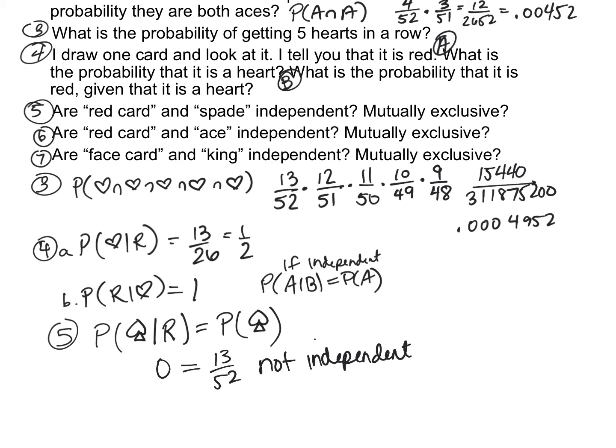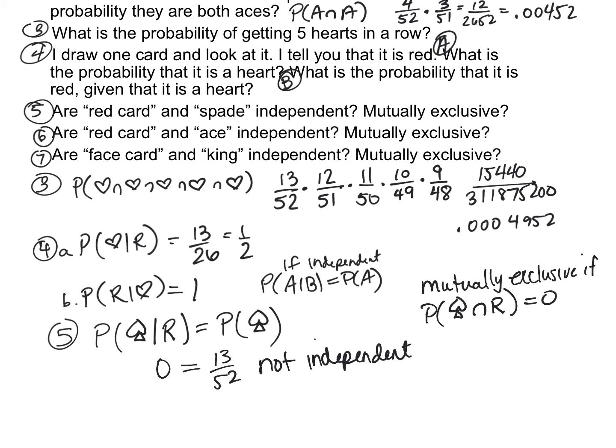They have to equal each other to be independent. Now, is it mutually exclusive? Mutually exclusive means the probability of a spade and red card equals 0. Is there a red spade?